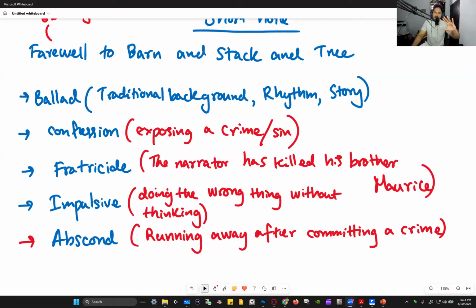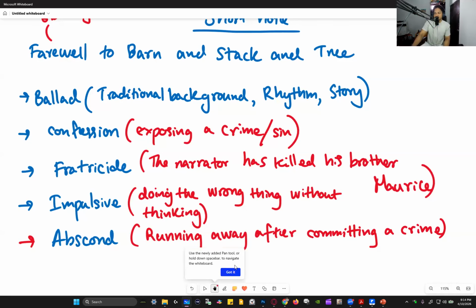The narrator bids farewell to his home. This home is defined by a simple farming background. The narrator says goodbye to a simple life, surrounded by a farming background.